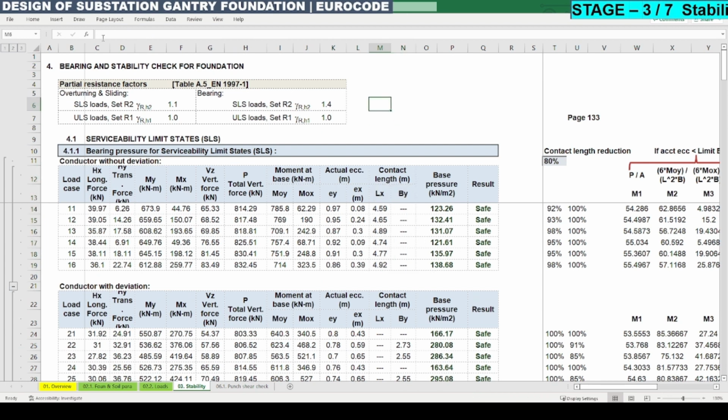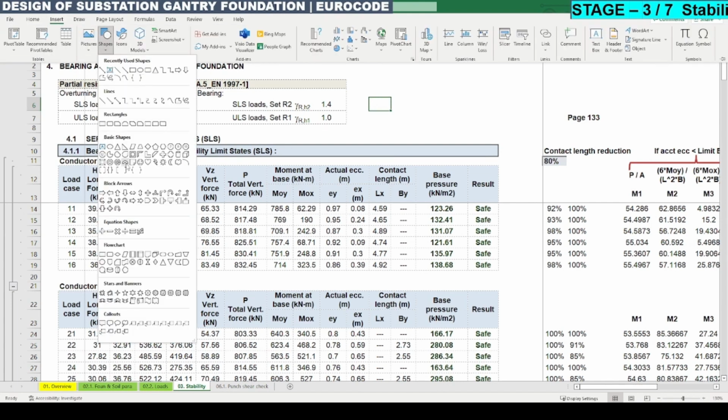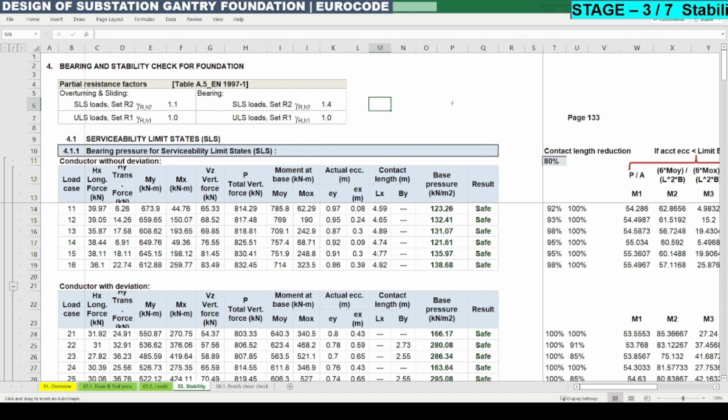Because when the foundation is resting over the soil, due to its external force, if it is subject to eccentricity effect, then the contact length, instead of the full length, will be reduced because the actual eccentricity is exceeding the limiting eccentricity of 1 by 6th of the span.